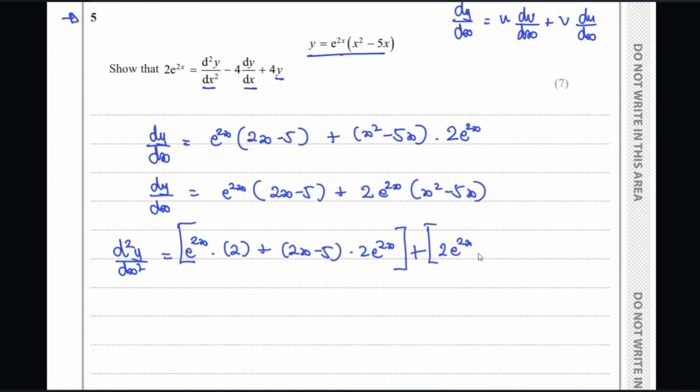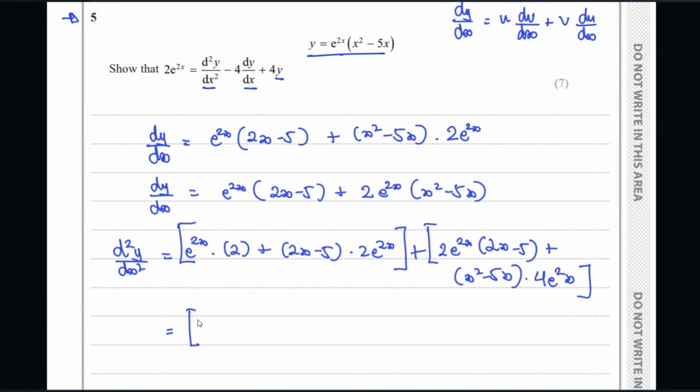So u is done. dv over dx would be differentiating this bracket, which is 2x minus 5. Then plus v du over dx. So v is x squared minus 5x times du over dx, which is differentiating this, 2 times 2, 4 e to the power 2x. Let's rearrange this.